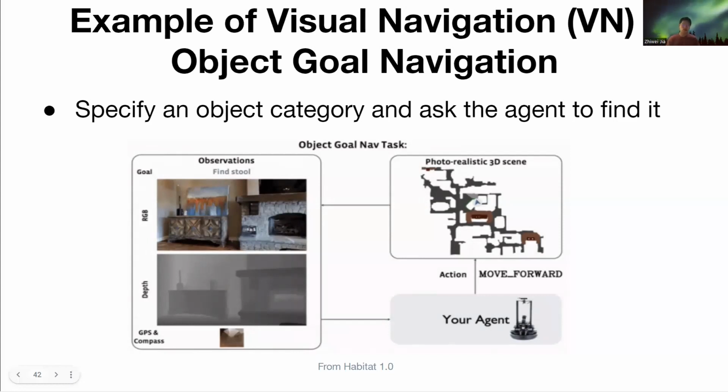In the example goal shown here, to find the stool in the room, you can see that the agent observes egocentric RGBD observations from each of its frames, and also knows its relative position and orientation.